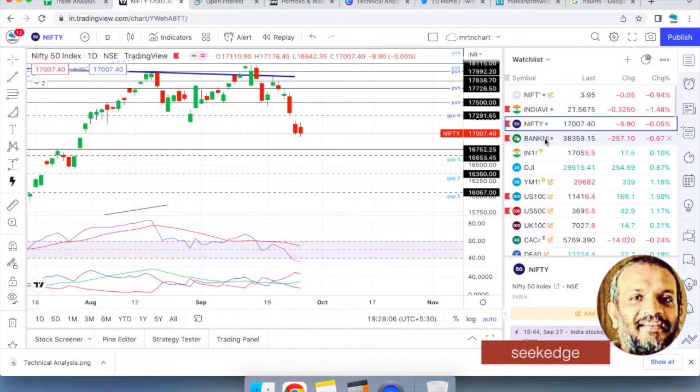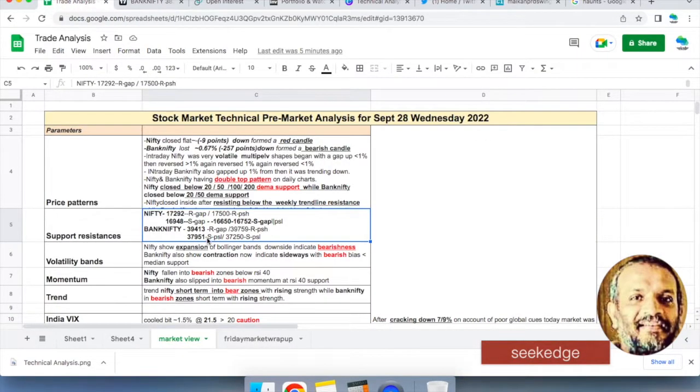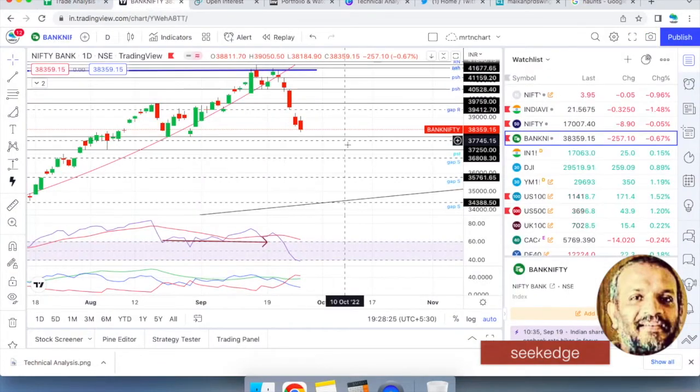So that's Nifty. Well, Bank Nifty: 39,413 is gap resistance on the upside because of the gap down yesterday. Basically 39,759 is the next resistance on the upside. Downside 37,951 previous swing low, and 37,250 previous swing low further down.